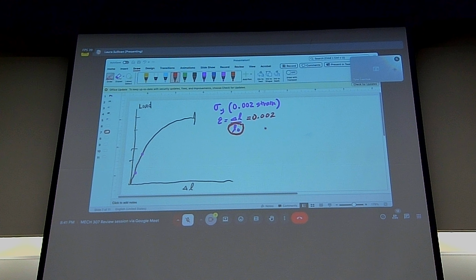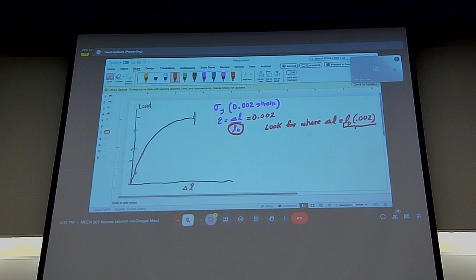Which means I'm going to be looking for where delta L is equal to L0 times 0.002, right? And like I said, L0 is given, so you can calculate that value.